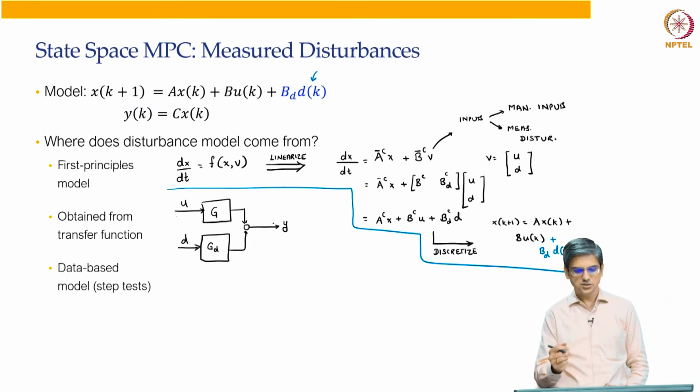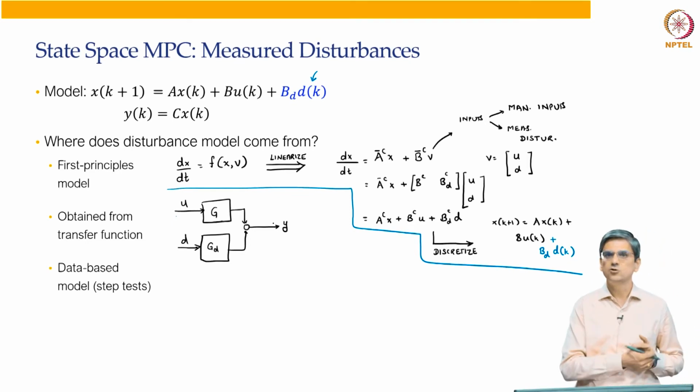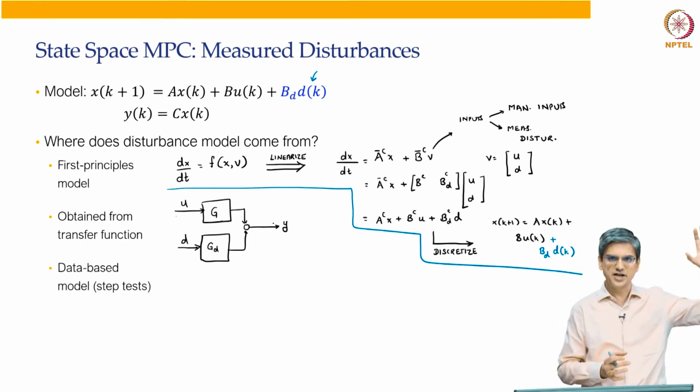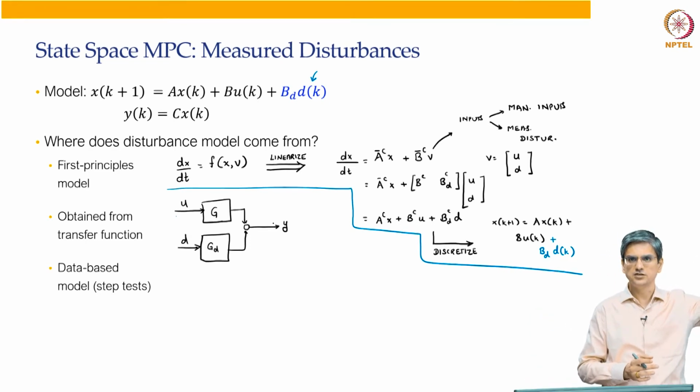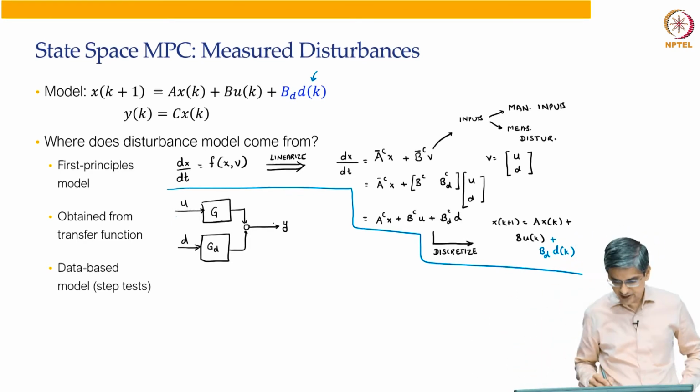So, this is how we model this, okay. You then had a home assignment problem where you had to take one single input single output model, another single input single output model, and put them together. How did we get those models?